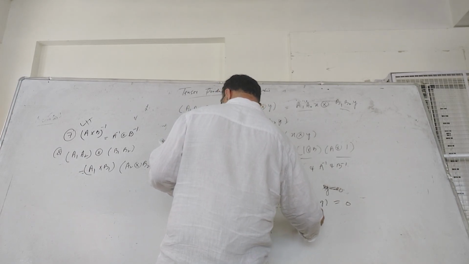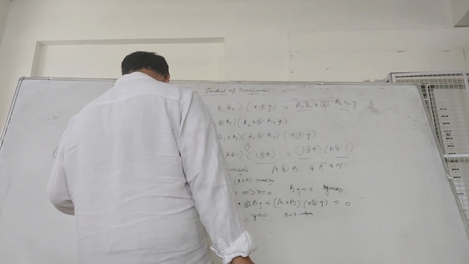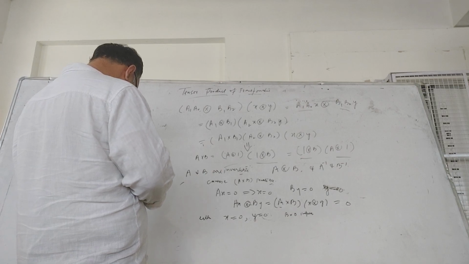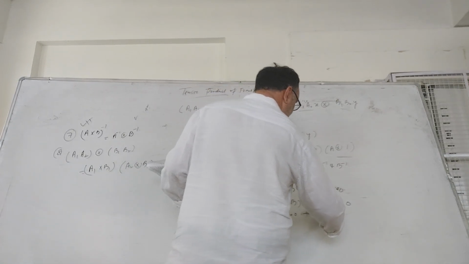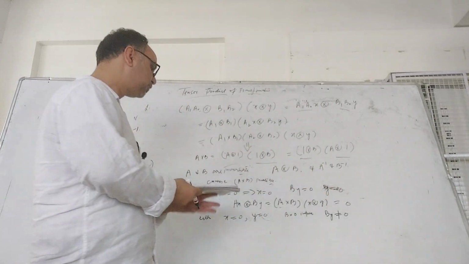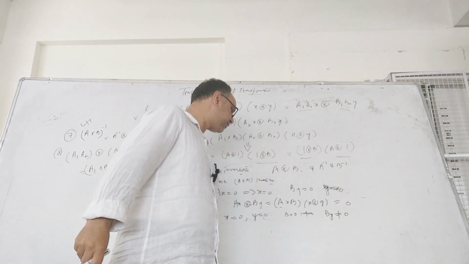Why? We may find that the vector y, so that By is not equal to 0. Just wait a second. Why would we say that B should not be equal to 0?